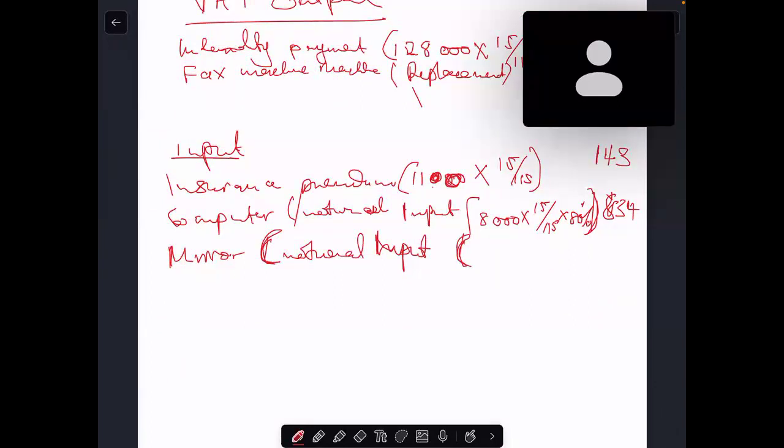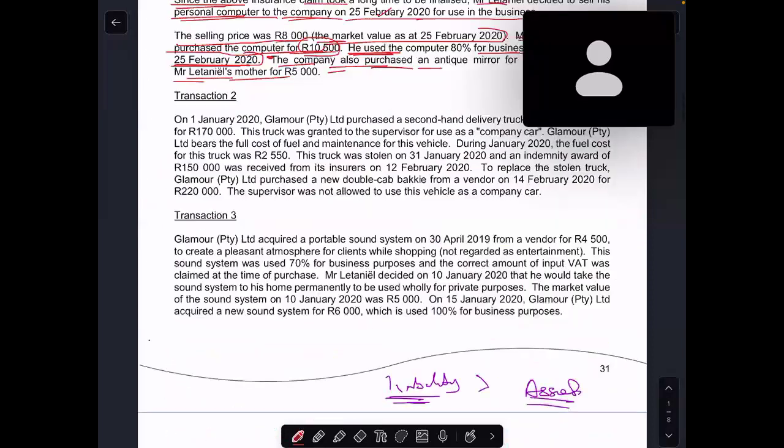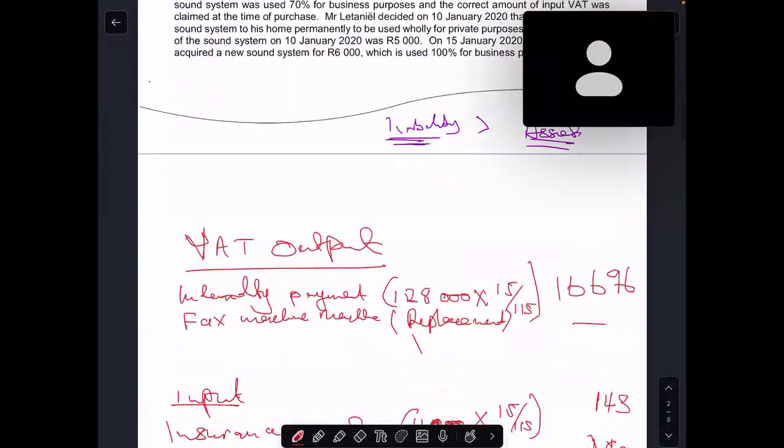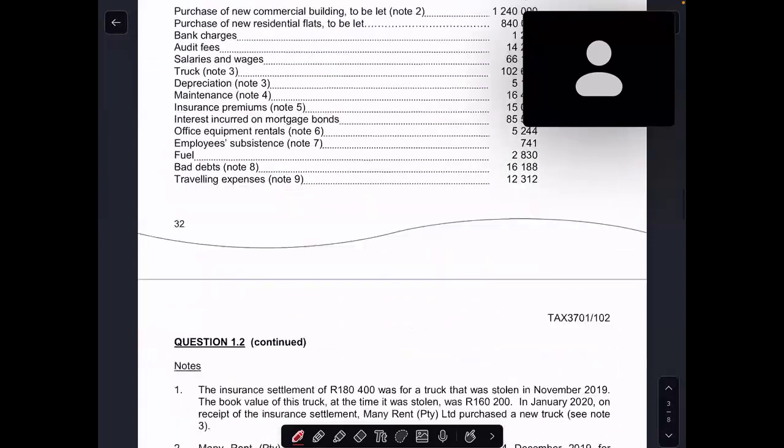Right, what are they saying? They say to us, we paid how much? From Letania's mother, 5,000, right? We're not given the market value, so therefore we're going to use the cost here. We're going to use how much? 5,000. This one, we're not going to apportion it because they said it's for business use. So it's used 100% for what? Business use.